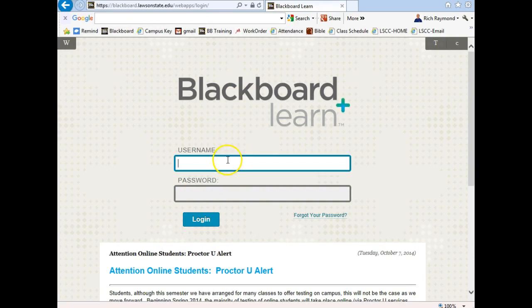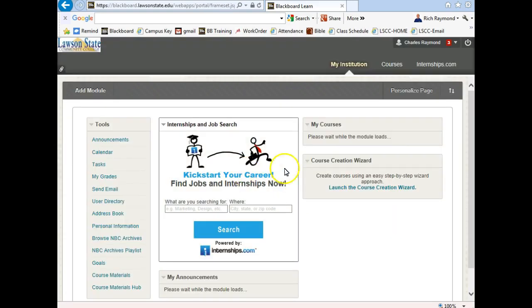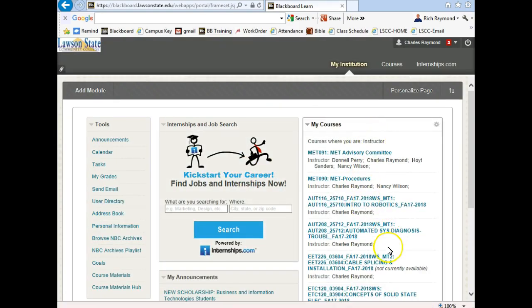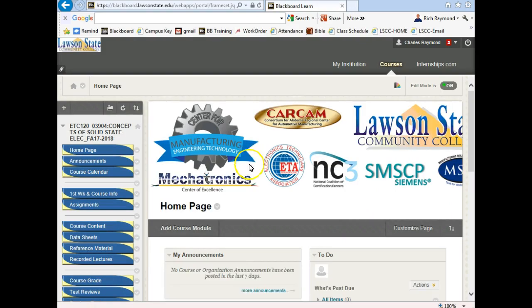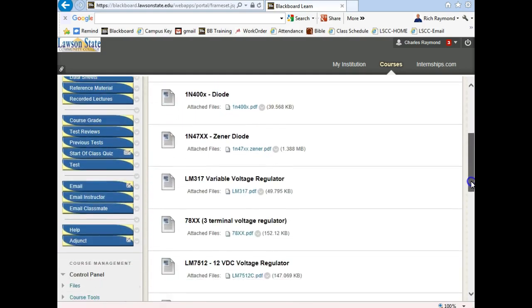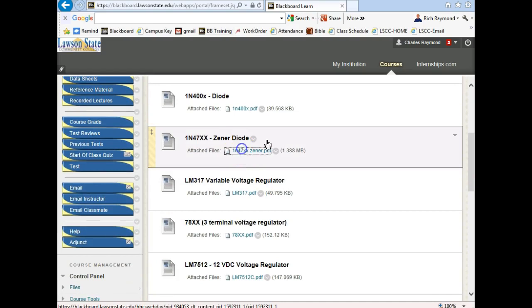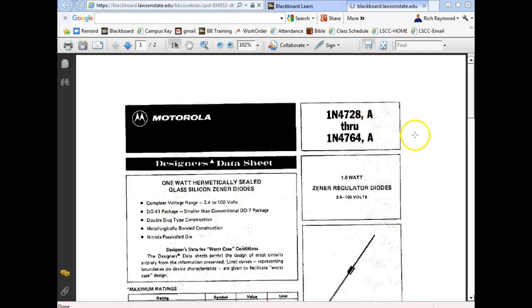And we're looking for a 5.1 volt Zener. And then we would come up with data sheets, and then the 4700 series of Zener diodes. And these are all 1 watt Zeners.